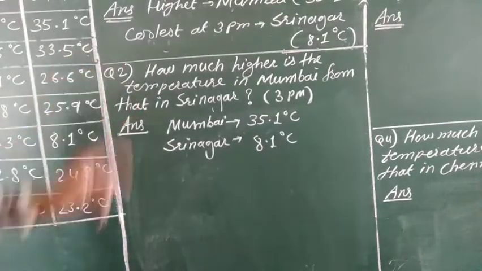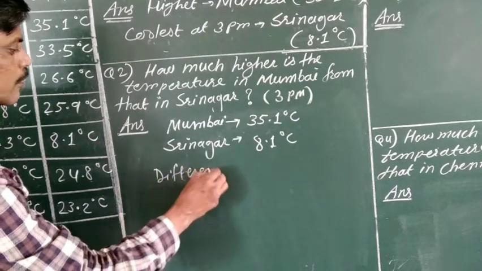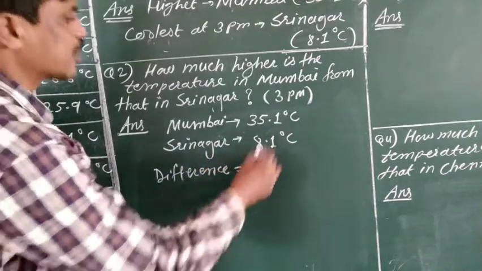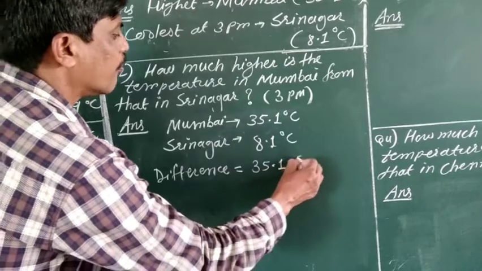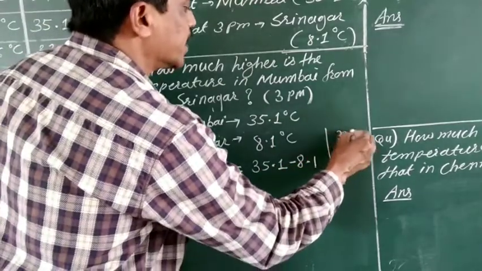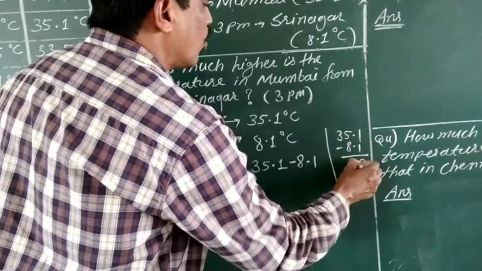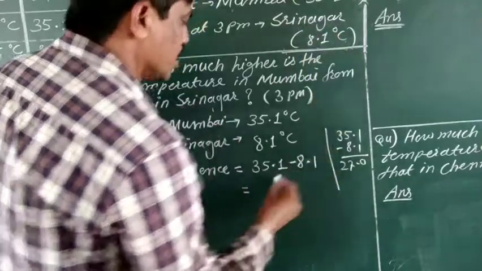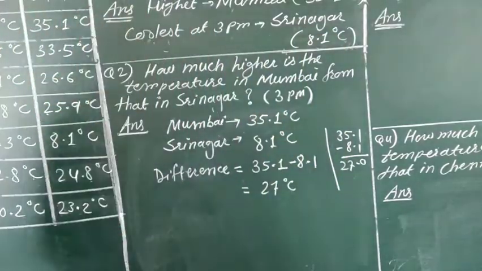To find this answer, first of all find the difference, the greater number minus the smaller. 35.1 minus 8.1. So see, the difference is 35.1 minus 8.1, 0 point and it is 27. So what is this answer? It is 27 degrees Celsius. So this is the difference.